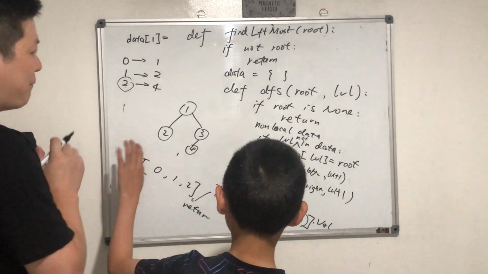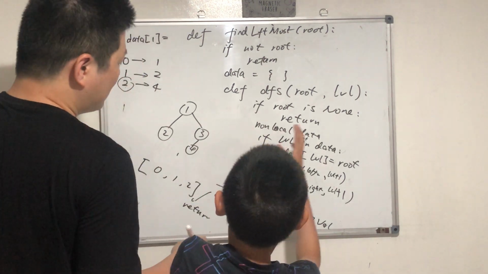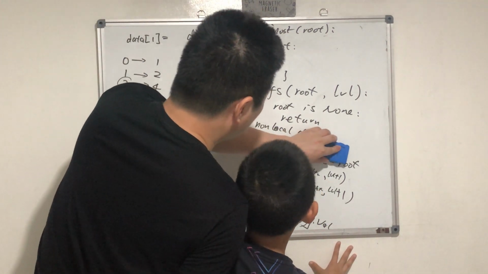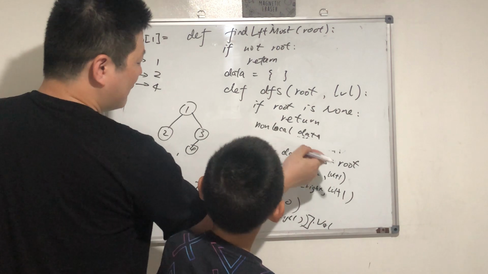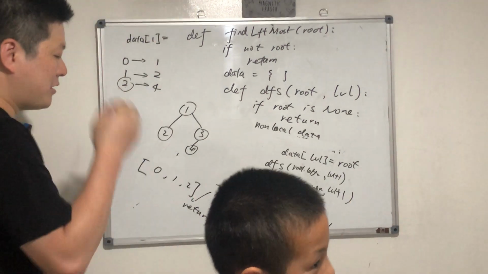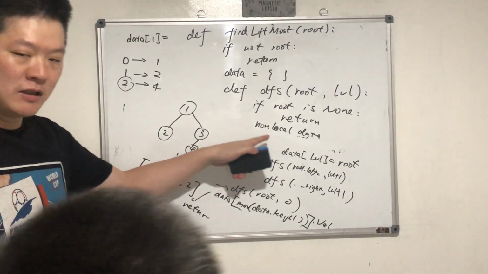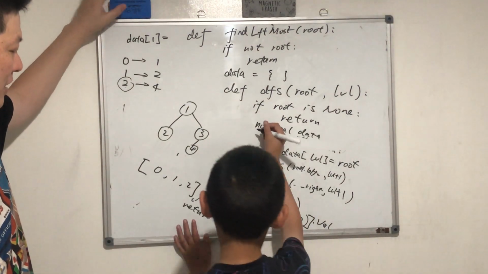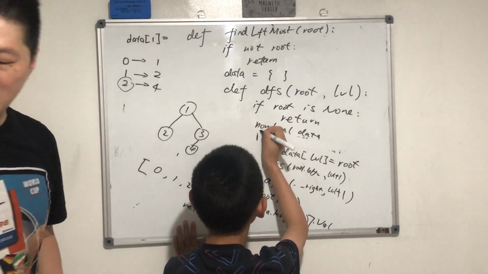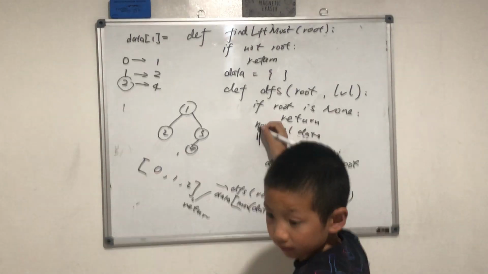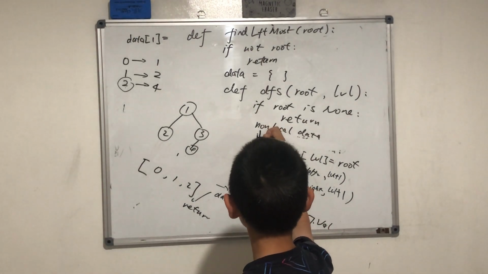I'm going to erase some bit. Okay, I'm going to erase this bit. What should I do here? What should I check if the node is none? If what? You don't need to write so hard, okay? If what?